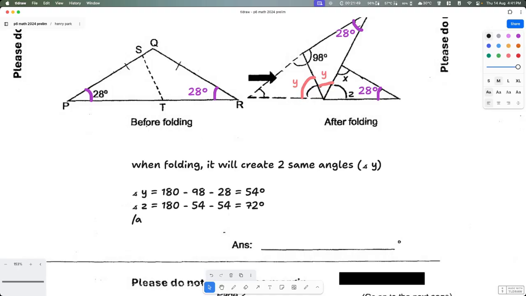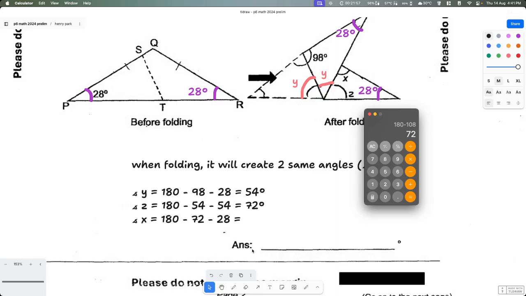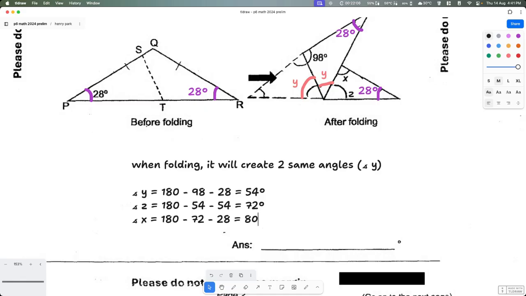So angle x is equal to 180 minus 72 minus 28. And this will give us 80 degrees. All right, so the answer to this question is 80 degrees.